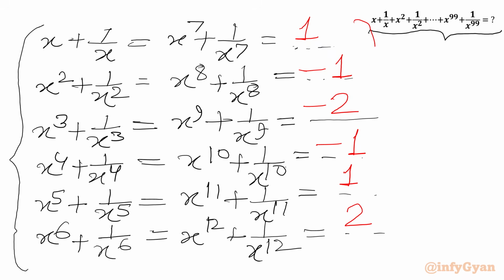Now we have to add these 6 values. If I add, I am going to get 0. Addition is 0. So up to x power 96 plus 1 over x power 96, we are going to get value 0.